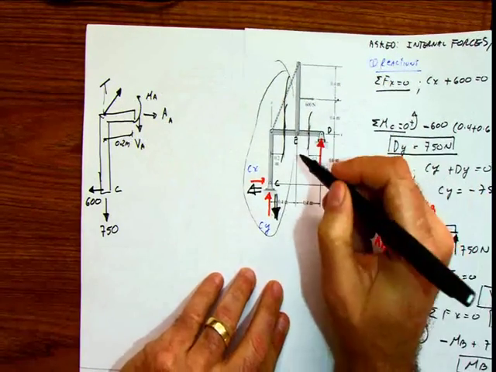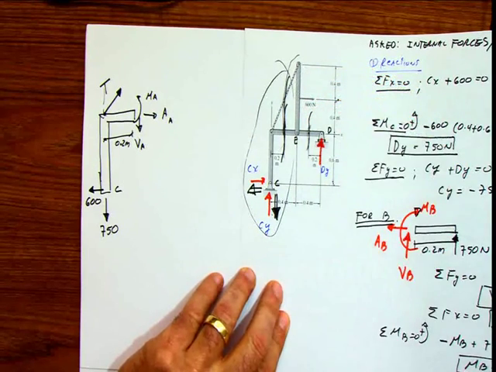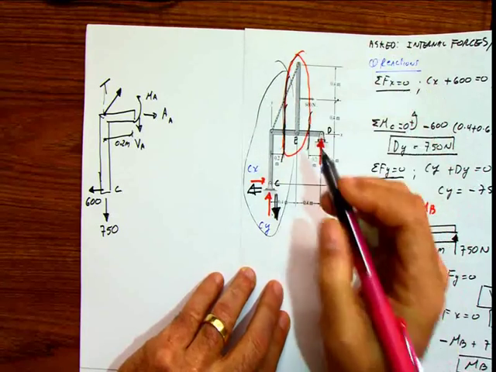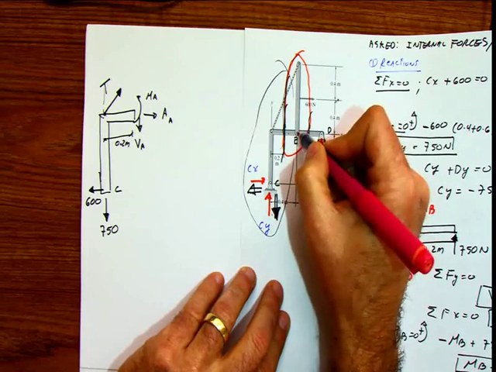Well, then I go and I see this portion of the structure. Look at this part of the structure. And I'm not talking about making a section in this beam. I'm talking about this member in it.